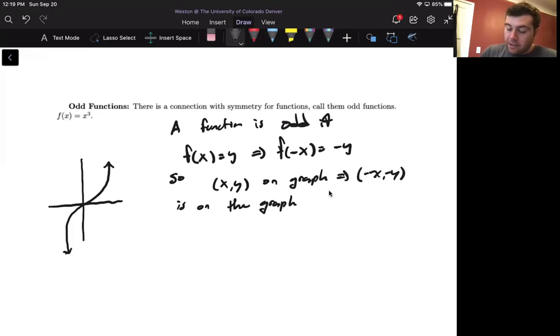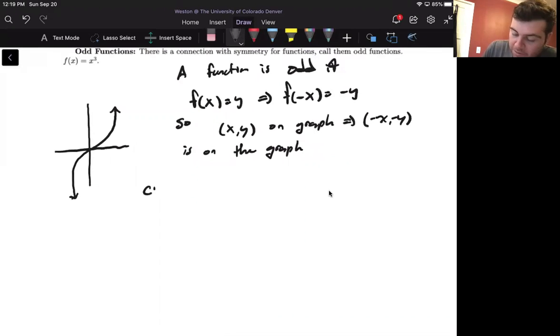And it's pretty easy to check that x cubed is odd. We have f of x equals x cubed.